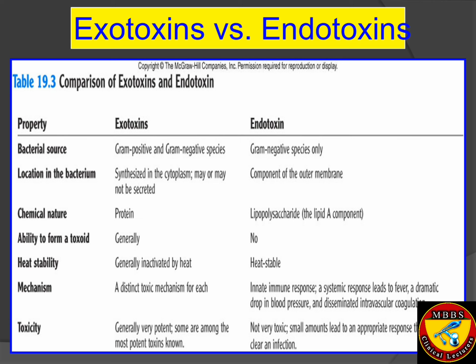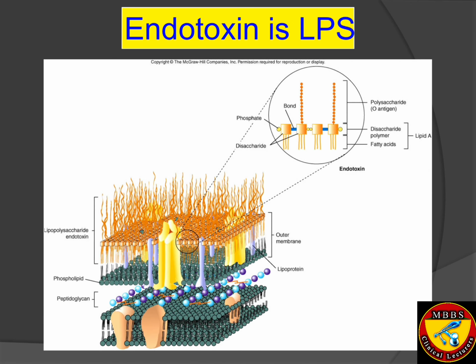A systemic response leads to fever, a dramatic drop in blood pressure, and blood clotting leading to disseminated intravascular coagulation. Endotoxin is not as toxic as exotoxin, but a small amount can also lead to an appropriate response that helps clear an infection.